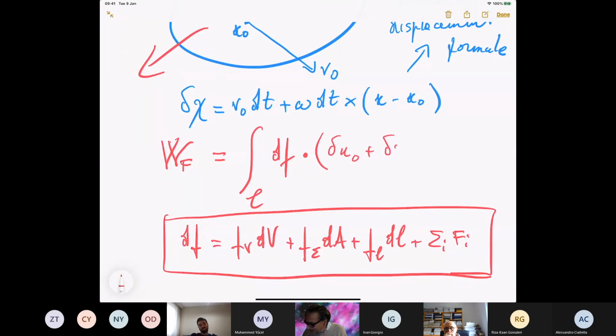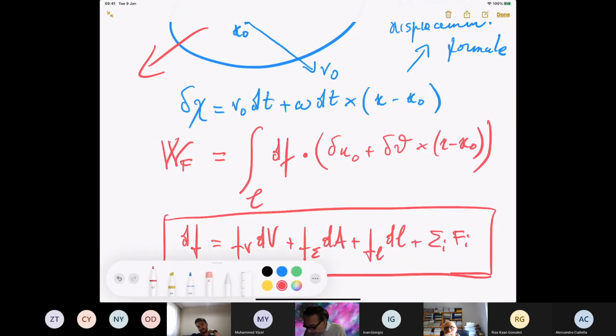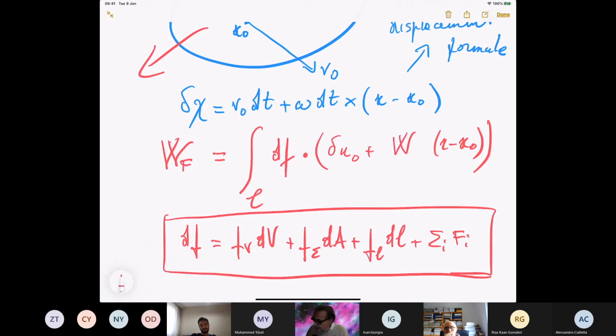plus delta theta vector (x minus x0). Okay? Or if you prefer, you remember, and now it is important, the skew symmetric W applied to x minus x0.